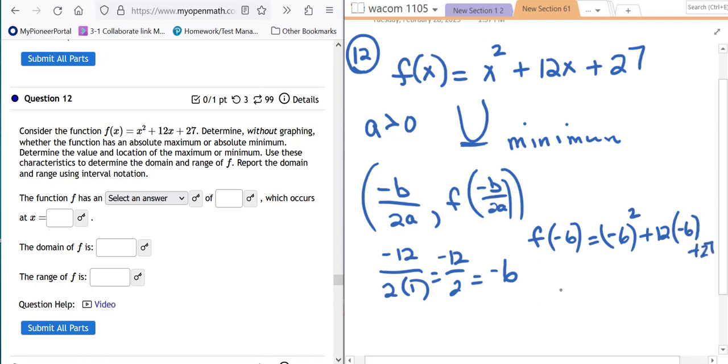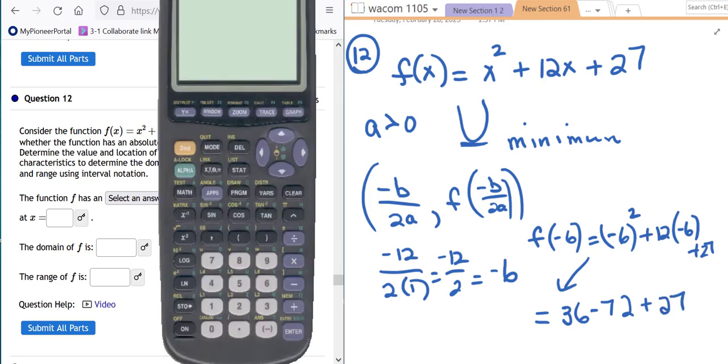So we can do it by hand, or we can put it in the calculator, even though they said not to graph. Right, this I believe is minus 72 plus 27. We'll just do the math in the calculator. So 36 minus 72 plus 27, enter.